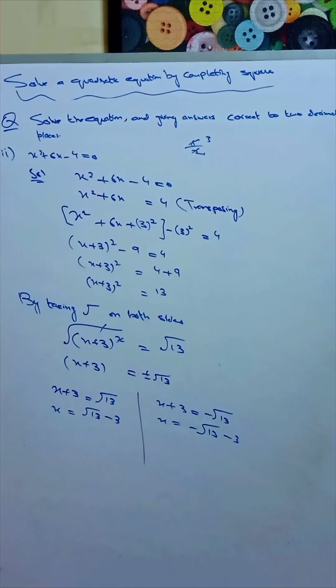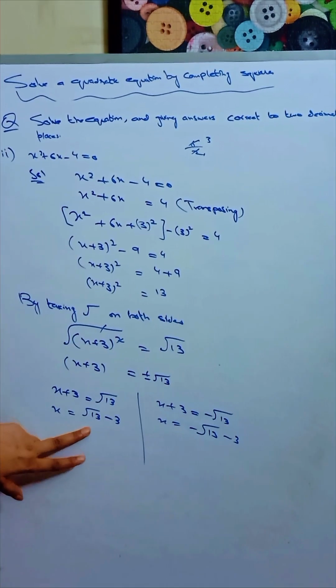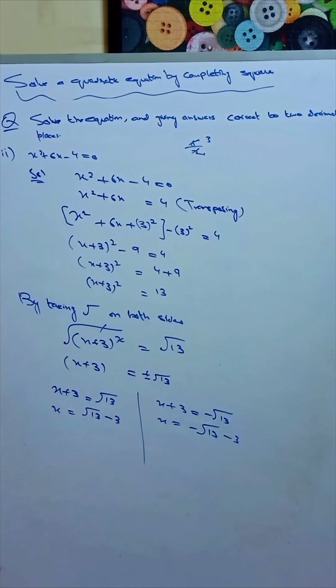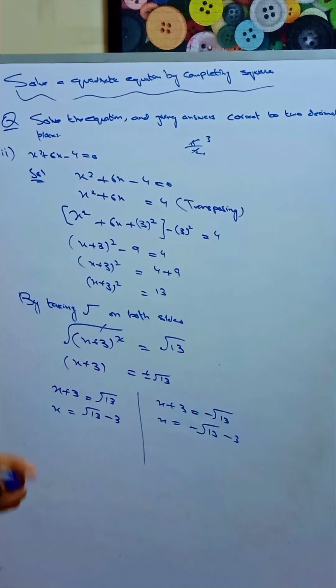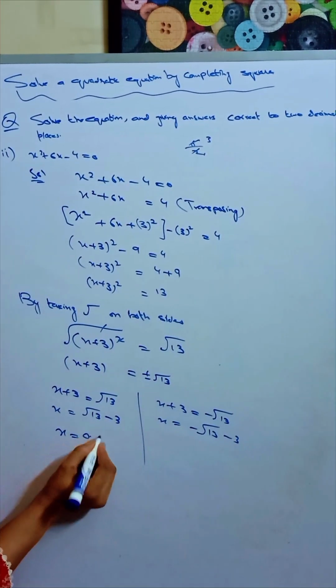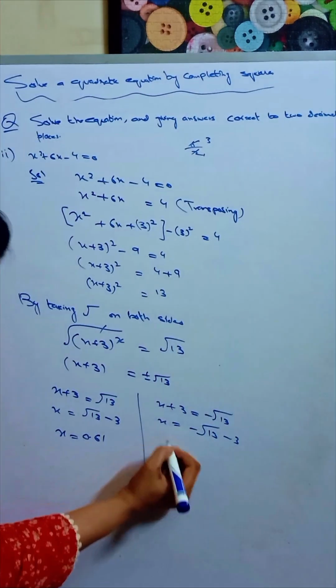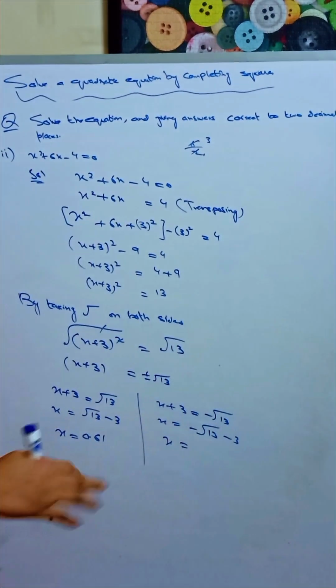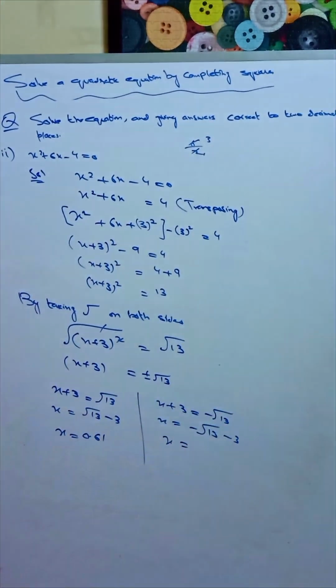For that purpose, we will use the calculator. Under root 13, whatever the value of under root 13, minus 3. The value of under root 13 is 3.6, minus 3. Answer is 0.61. And x equals minus under root 13 minus 3. So what is the value of under root 13?